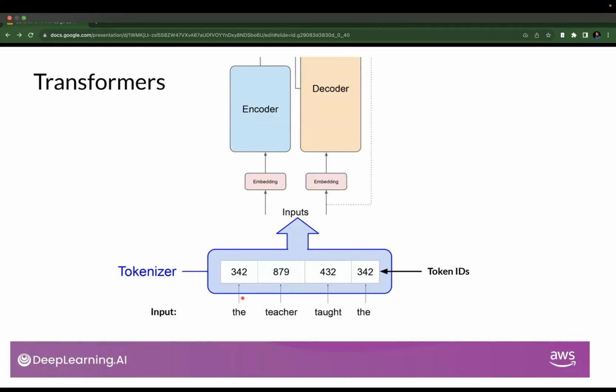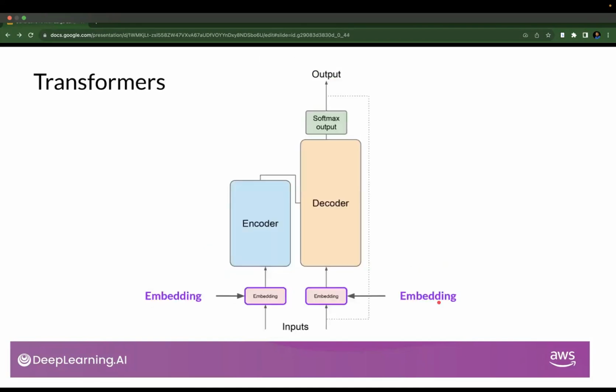So in this case, if "the teacher taught" is part of the sentence, every word will have a token, which is a numeric representation of that word. Based on the language, if you talk about English, there could be hundreds of thousands of words. So every word will have a unique mapping, some number. That is called the token ID. The tokens are fed as input to the encoder and also to the decoder.